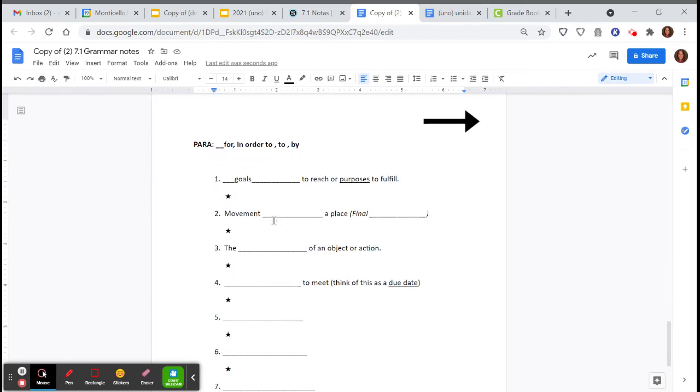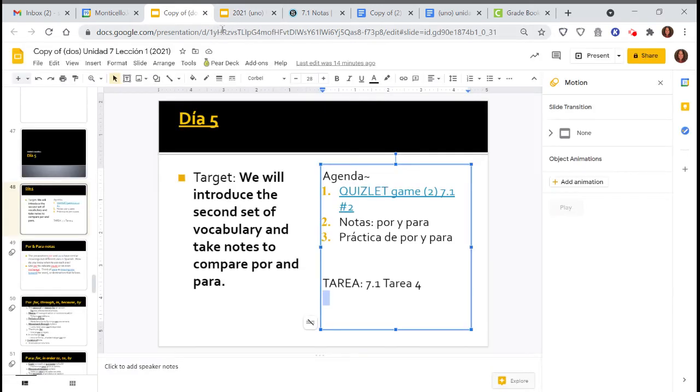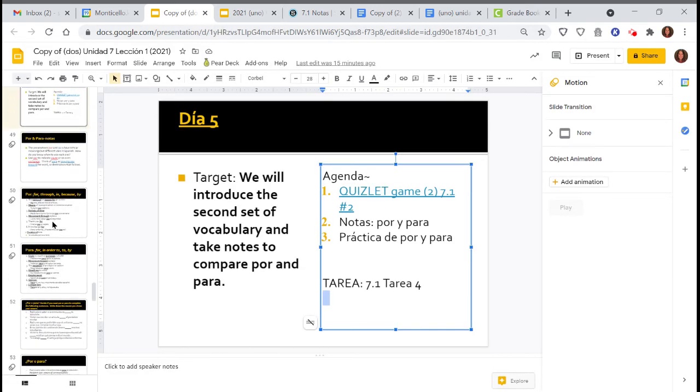Dos would be movement toward a place. So this would be more of a final destination. It is not a movement through a place like por, but it's a final destination that you're going towards. So think of that as you are comparing the difference between por and para.